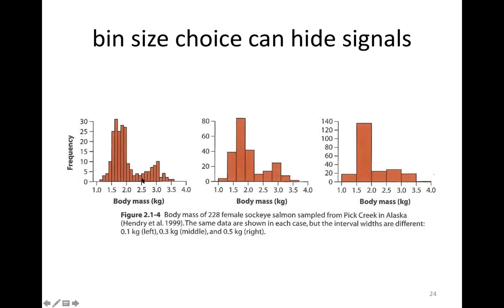So this is a set of data, the same data represented in histograms. The only difference is how the bins have been constructed. Here, bins go at steps of 0.5, as you see. Here, bins go at steps of 0.1. And here we seem to observe a second peak, right? There's a value and then an increase in frequency.